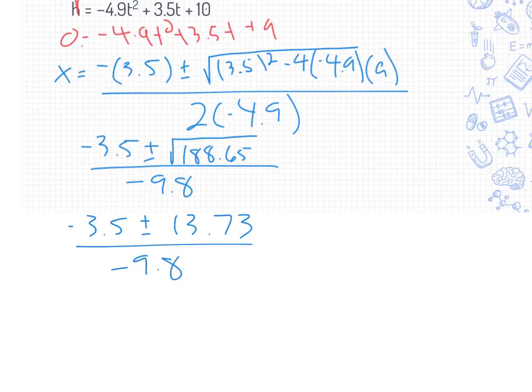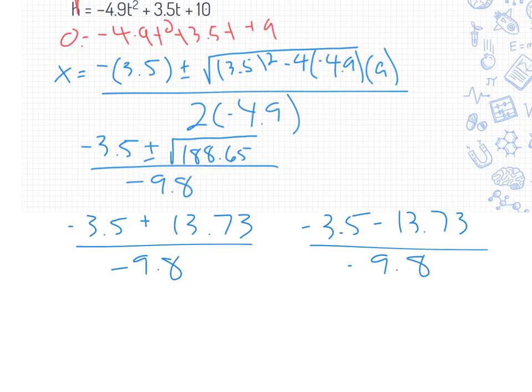And then I'm going to write those as two separate equations, because we need negative 3.5 plus 13.73 over negative 9.8, and negative 3.5 minus 13.73 over negative 9.8.